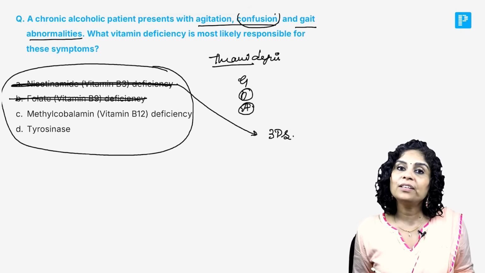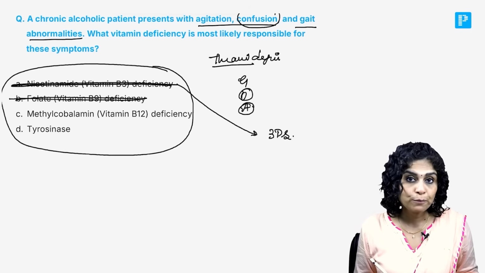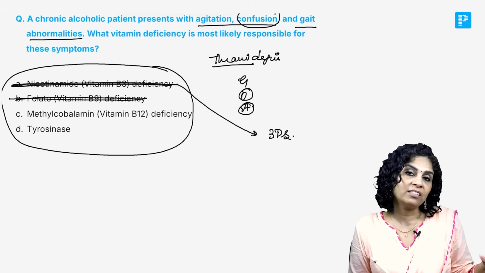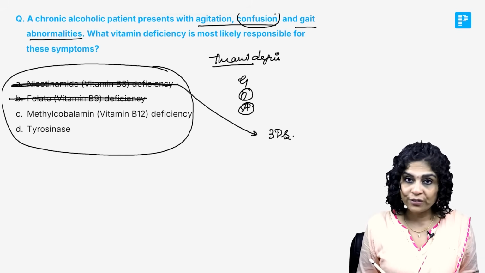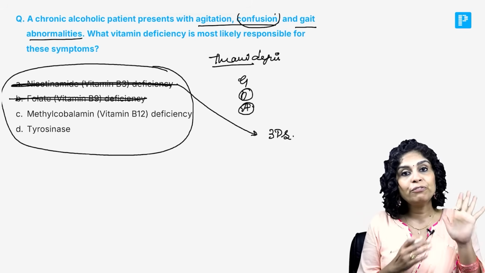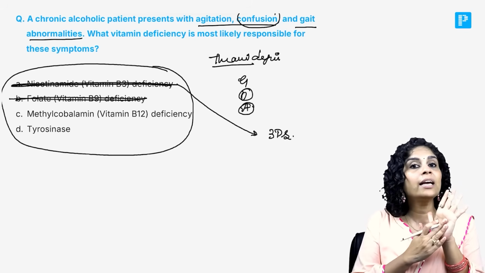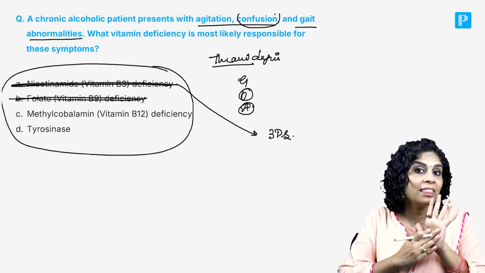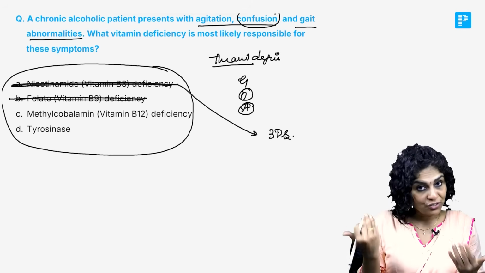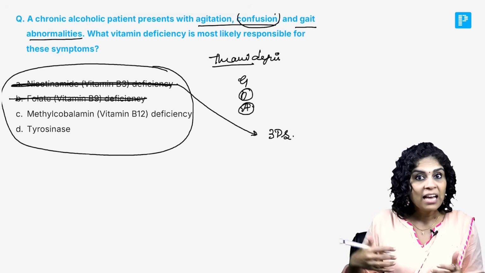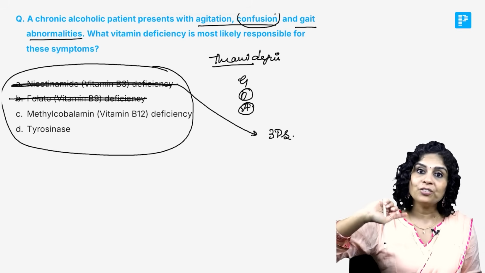Can it be B12 deficiency? Yes, highly possible given these manifestations. Because B12 deficiency causes neurological manifestations. It starts as peripheral sensory neuropathy, wherein they complain of tingling sensation in the periphery. Then it involves lateral spinothalamic tract, posterior column, and even corticospinal tract.